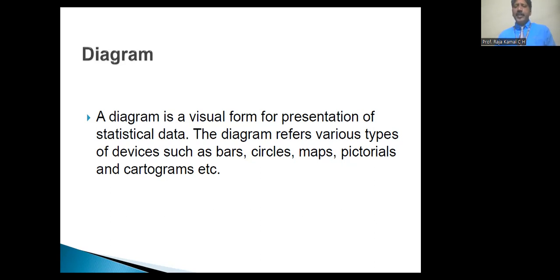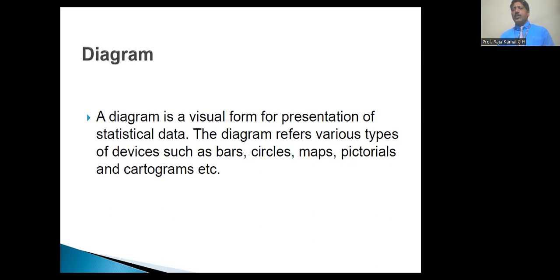So what does a diagram actually mean in statistics? A diagram is a visual form of presentation of statistical data. There are different types of diagrams that can be used, like bar diagrams, circles, maps, pictorials, and cartograms.